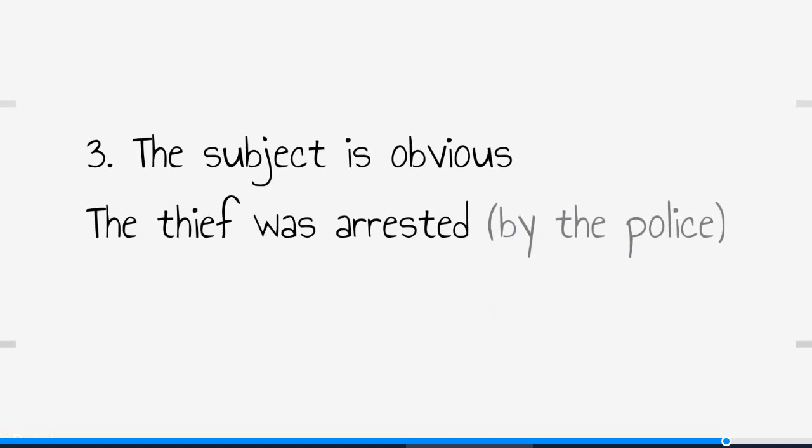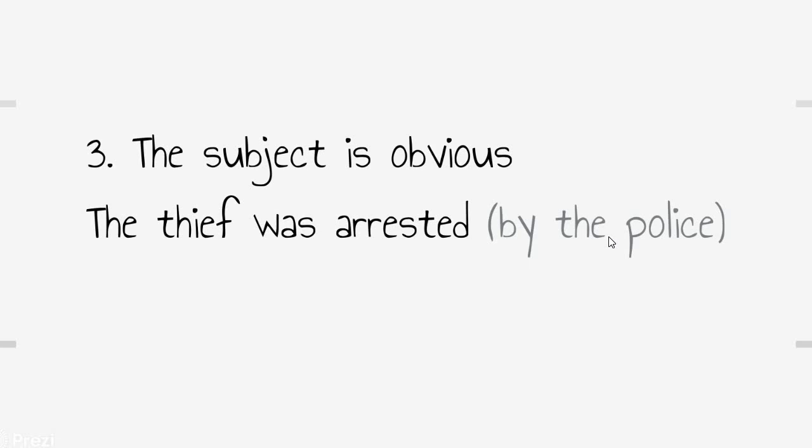If the subject is obvious, if it is super clear, I can use the passive form because it is not important to say it. For example, the thief was arrested. Who arrests thieves? Of course, the policeman, right? So it's common sense that the police are the ones who arrest.